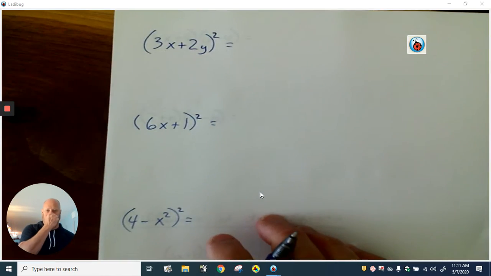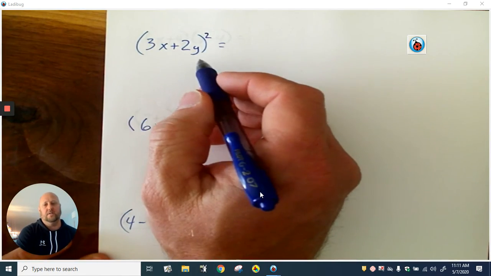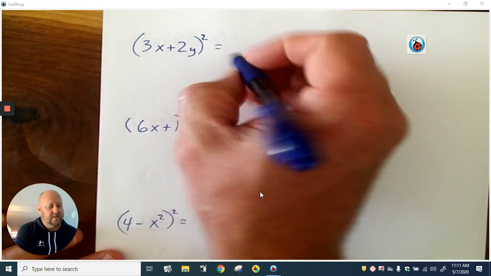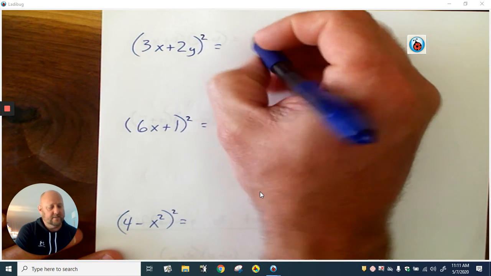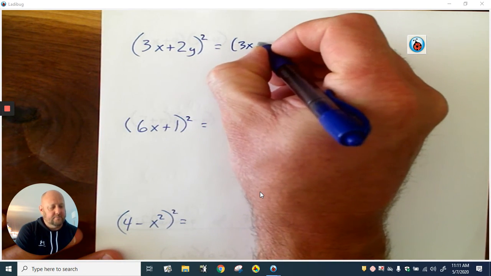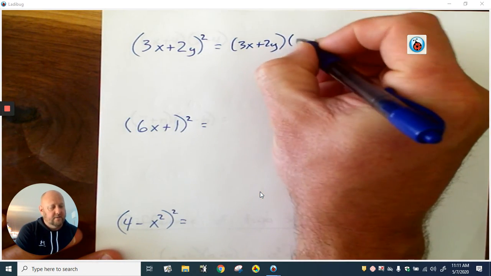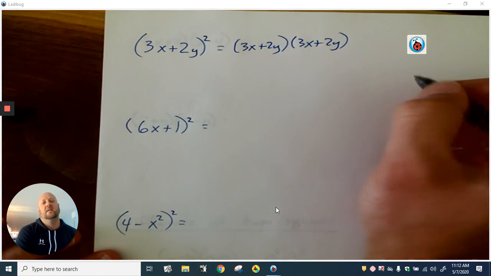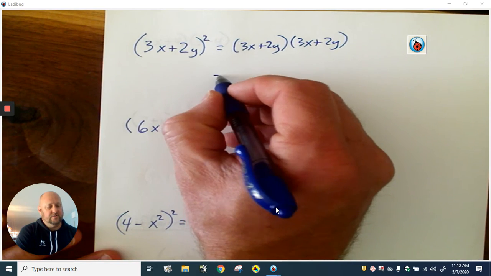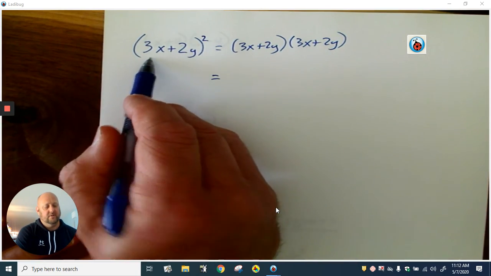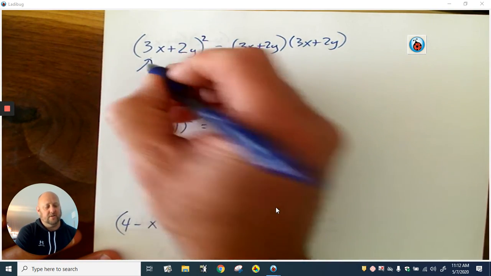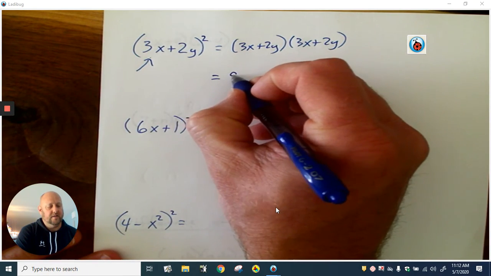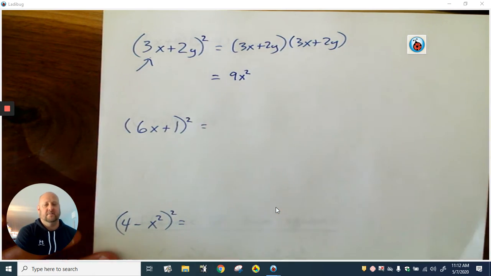All right. So if we have something like 3x plus 2y squared, yes, we could FOIL it out. Okay? Yes, you could take 3x plus 2y, 3x plus 2y, and you could FOIL that out. Okay? But what we can actually just do is go straight to the answer, because all you have to do is take that first term, the 3x, and square it. 3x squared would be 9x squared.